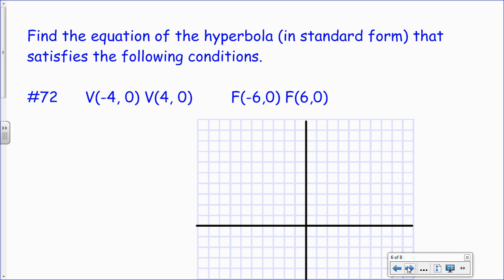Okay. So standard form is x minus h squared over a squared and y minus k squared over b squared equals 1.